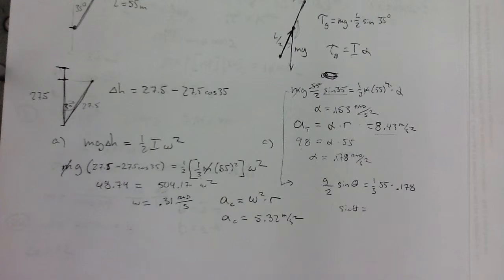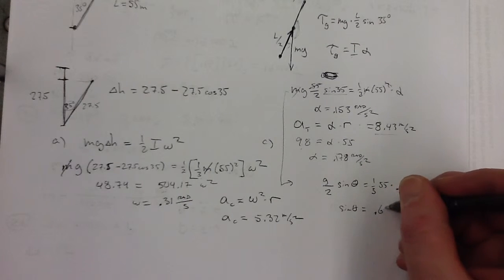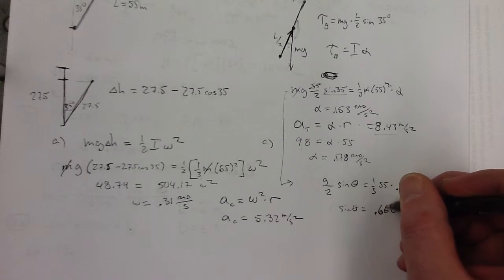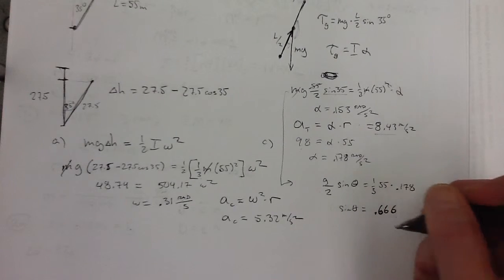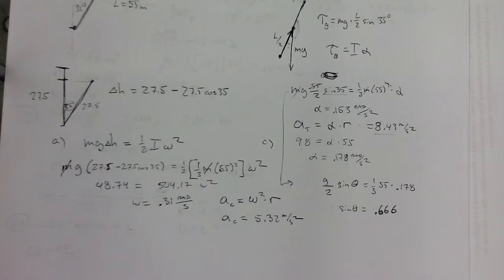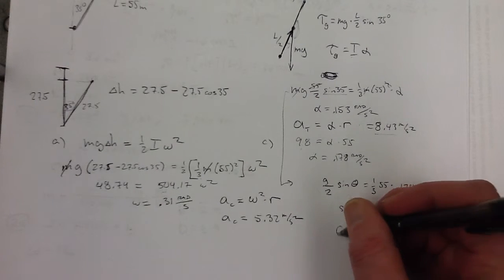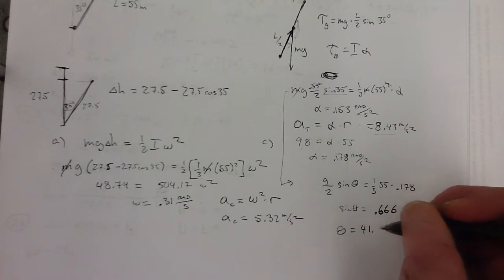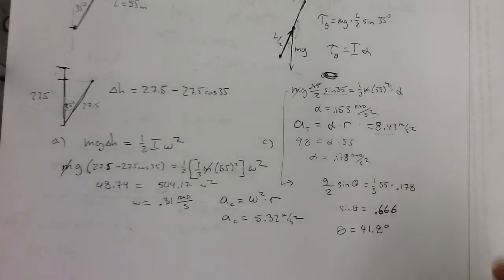I think that would be it. So 0.66, looks like about 2/3, 0.666. The trigonometric value of the beast. And then if I take the sine inverse of that, that is an angle of about 41.8 degrees, just about.